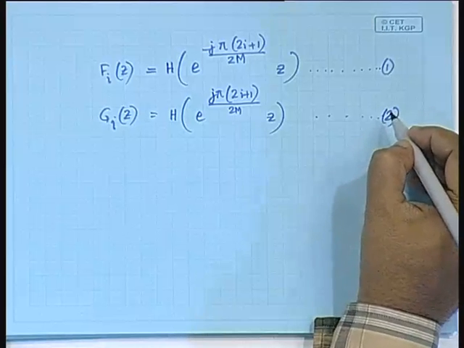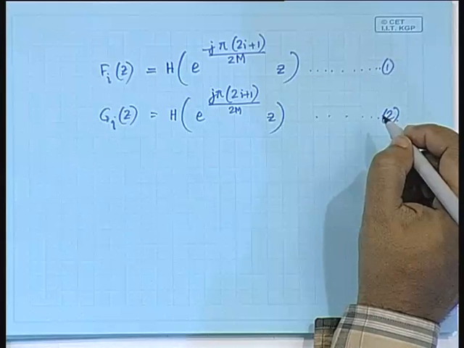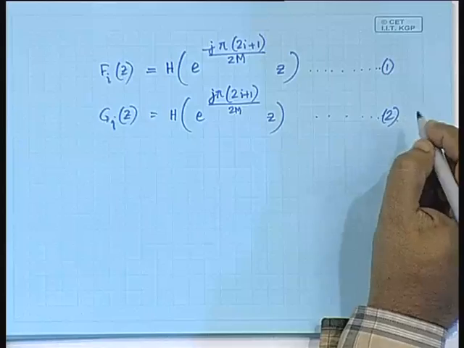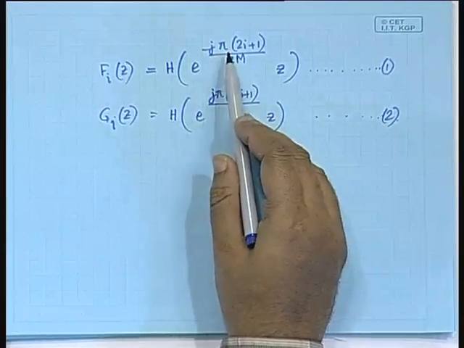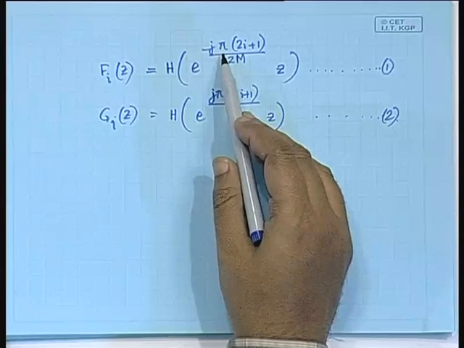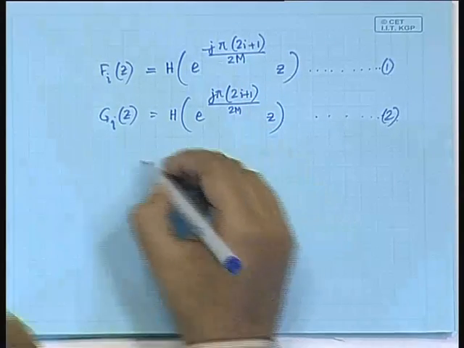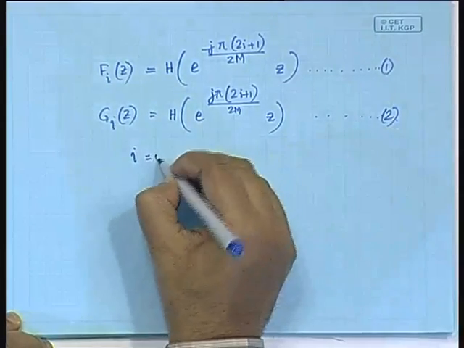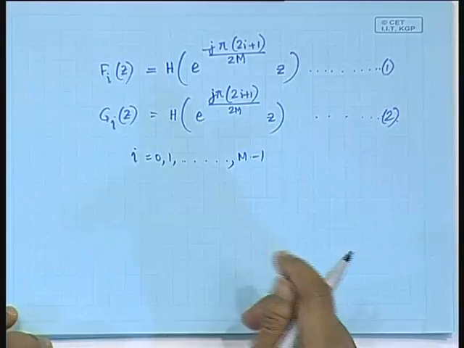So, equations 1 and 2 are the complex filters in the z domain, obtained by multiplying z in h of z by the exponential e to the power minus j pi (2i plus 1) by 2M. Using 1 and 2, we get a band of filters for i equal to 0, 1 up to M minus 1.